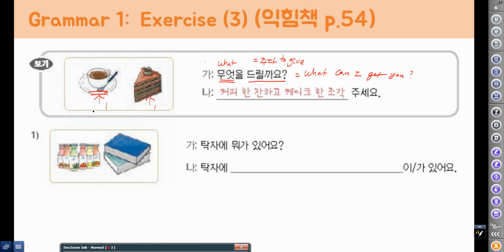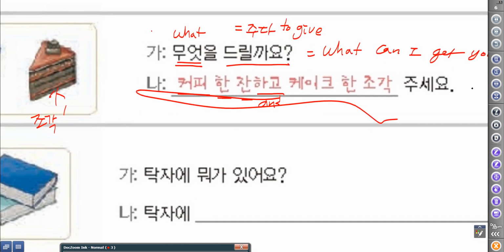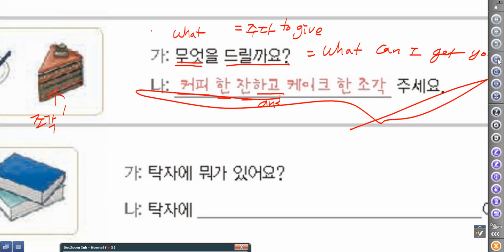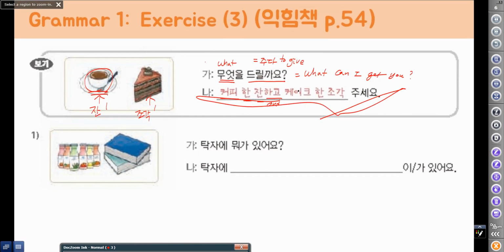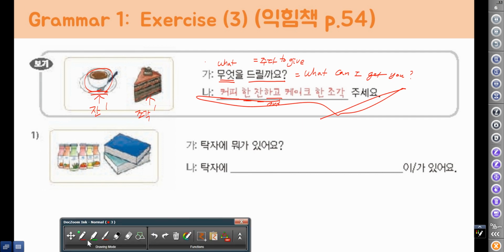And then here, one counter. What's the counter? 잔 for a cup of, and a piece of, 조각. Okay, so 커피 한 잔 하고 케이크 한 조각 주세요.